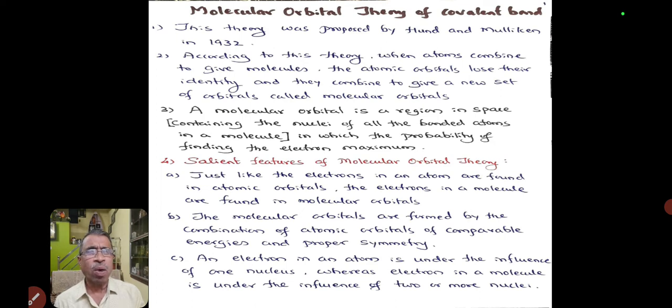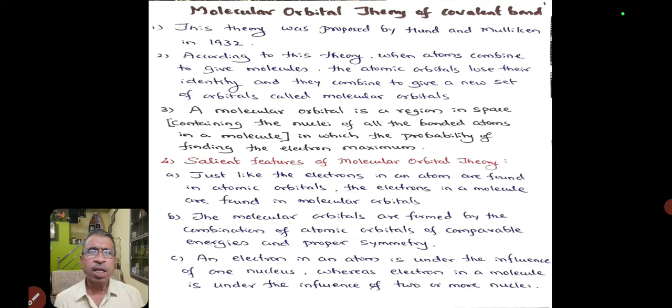A molecular orbital is a region in space in which the probability of finding the electron is maximum. Let us study some of the salient features of molecular orbital theory.